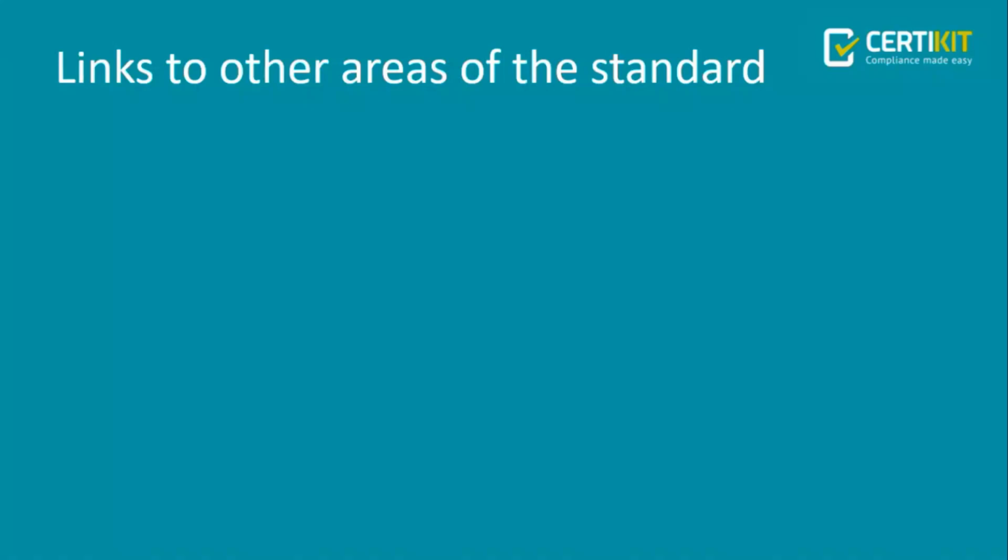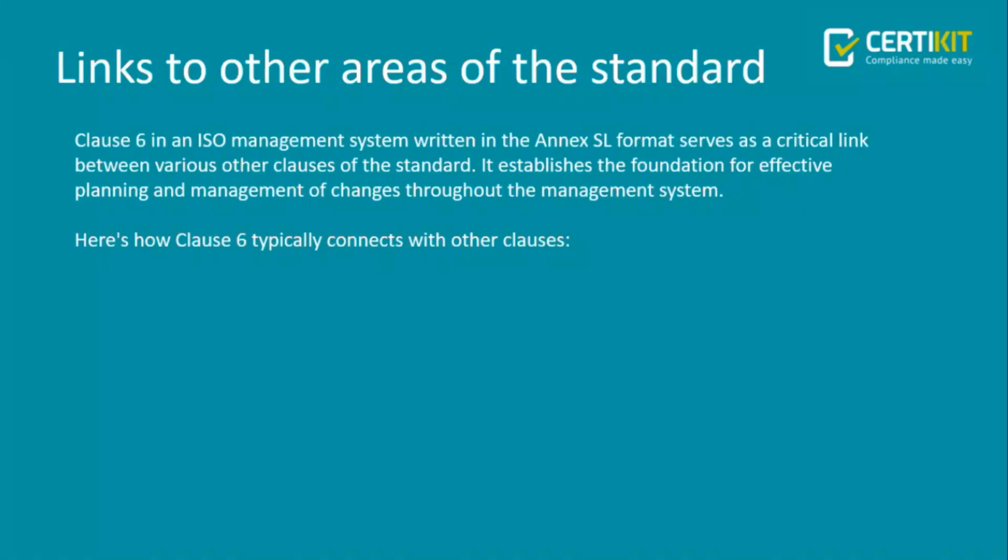I said right at the beginning that clause 6 has tentacles that reach up and down the management system, and I've already mentioned a couple. So within Annex SL formatted ISOs, here's how clause 6 connects with other clauses.